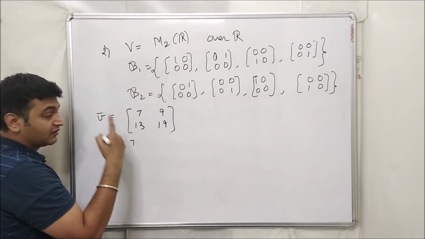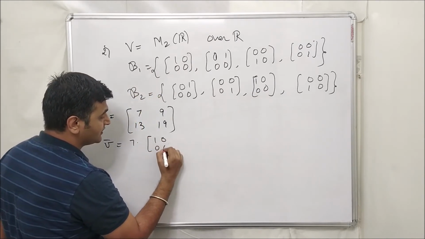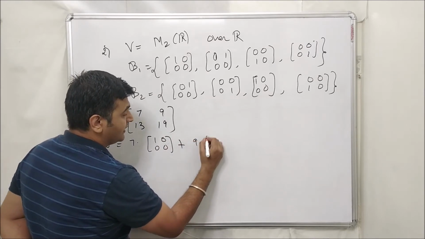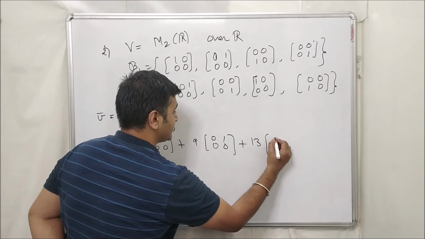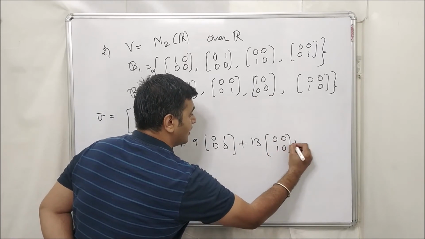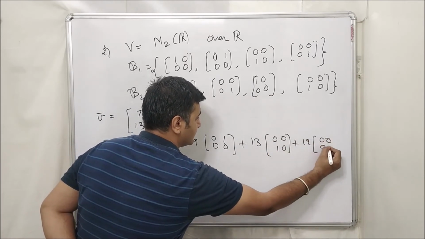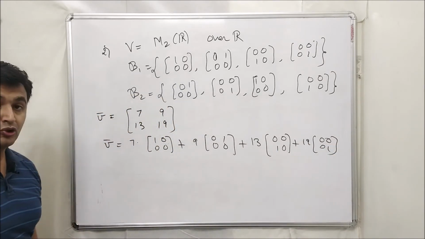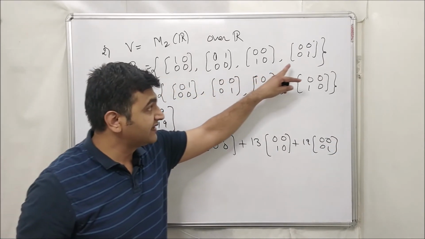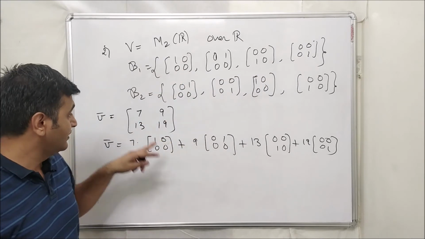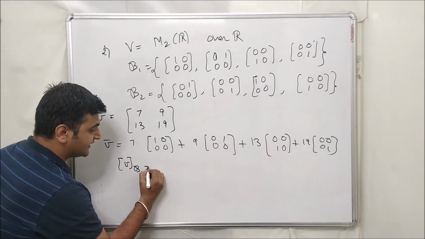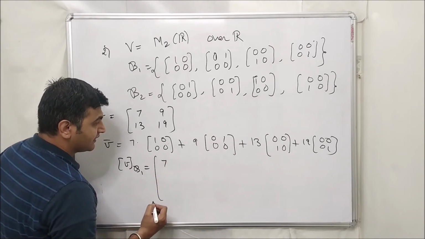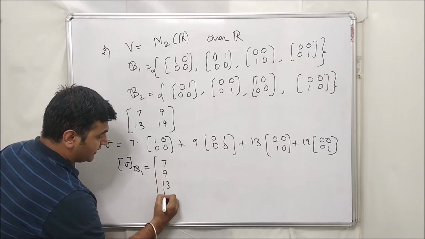With respect to B1, v bar is 7 times (1,0,0,0) plus 9 times (0,1,0,0) plus 13 times (0,0,1,0) plus 19 times (0,0,0,1). As I told you earlier, whenever you have the standard basis in the standard order, the vector and the coordinate vector are always the same. So here also you have 7, 9, 13, 19.